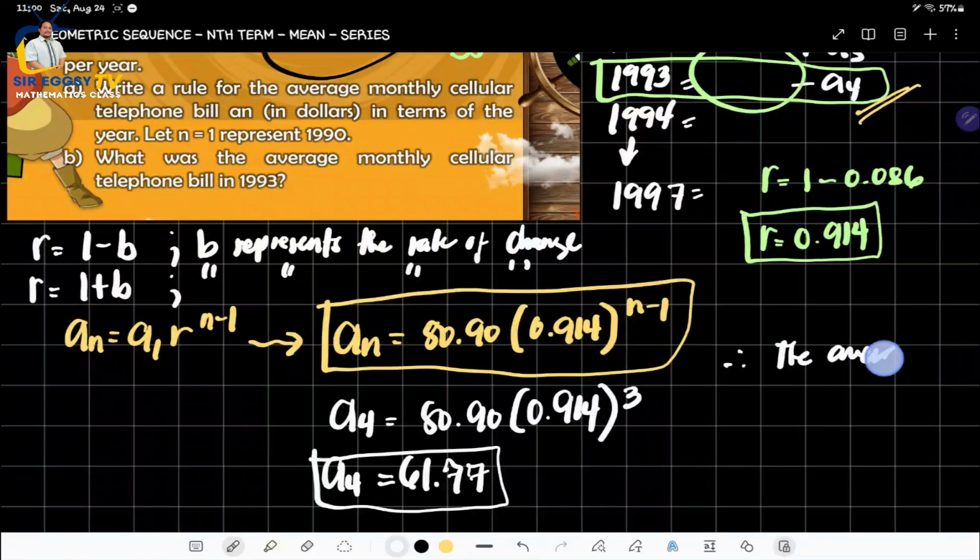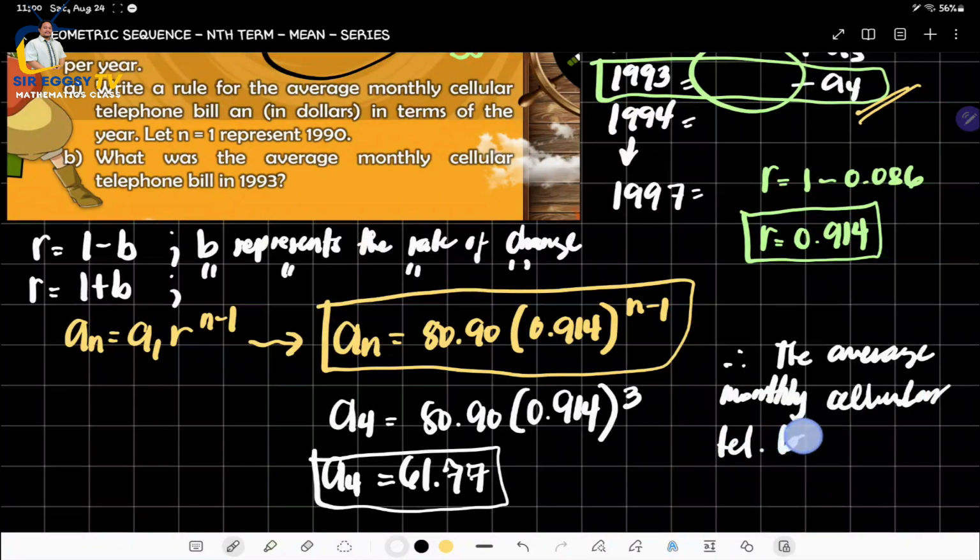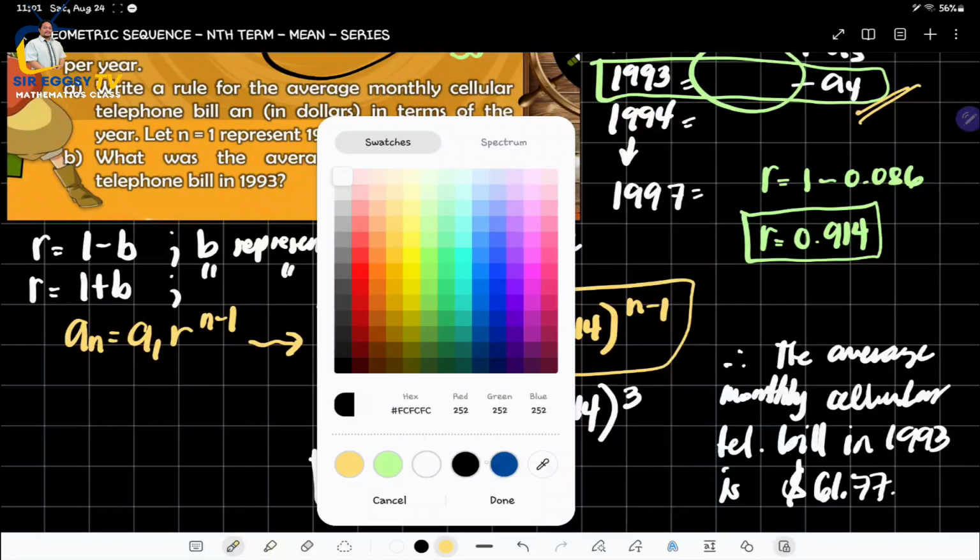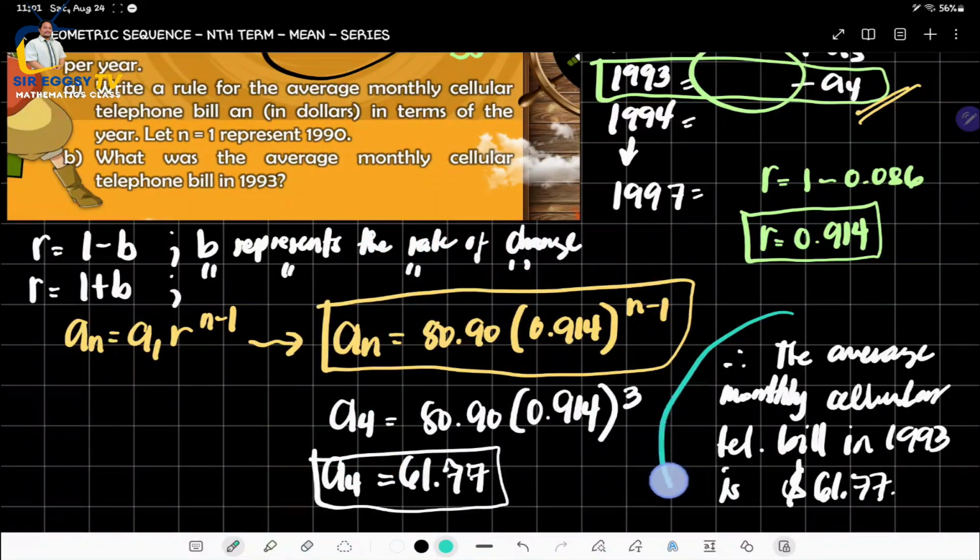So therefore, the average monthly cellular telephone bill in 1993 is $61.77.